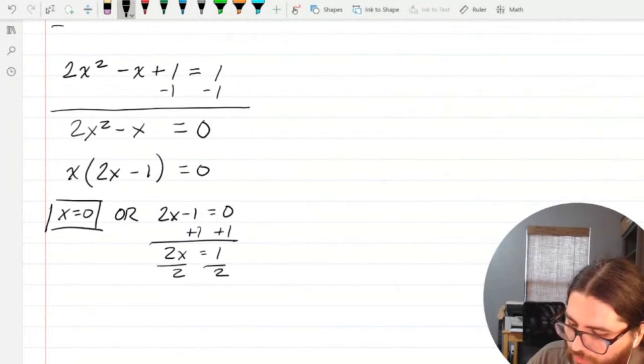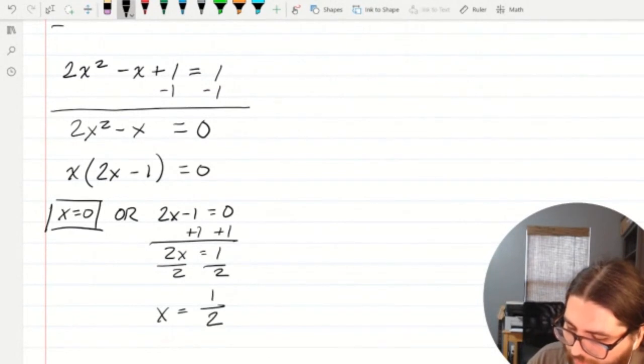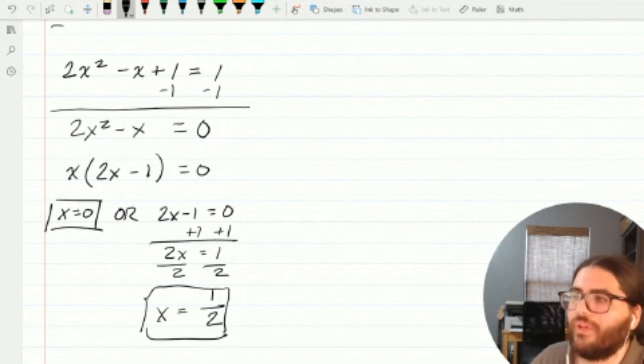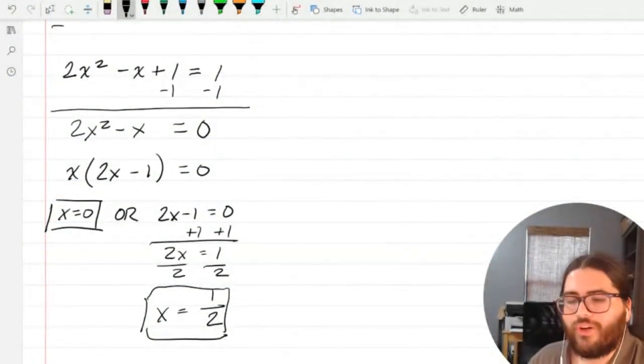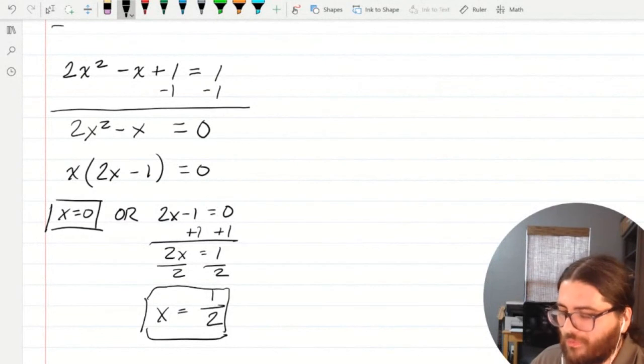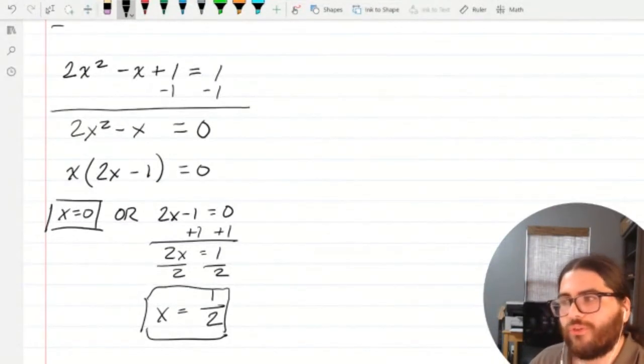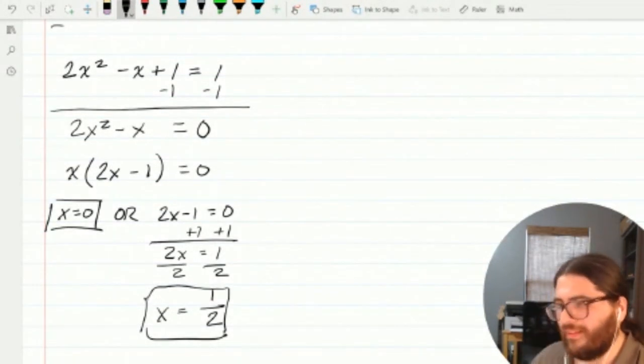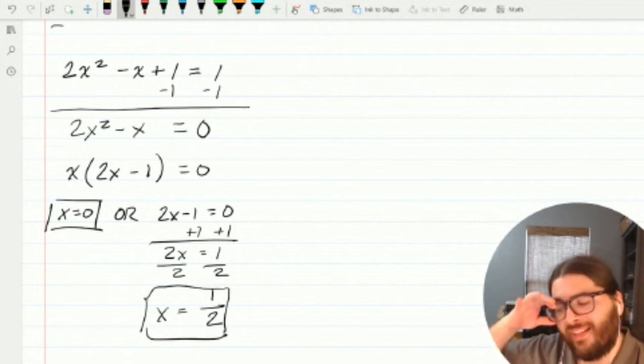Divide by 2. X equals 1/2. Oh yeah, there could be fraction solutions sometimes, and that's okay. We'll have to make our peace with fraction solutions. 2 solutions. For quadratic equations, I always expect 2 solutions, just that sometimes they're the same number repeated twice. Pretty neat, huh? I like it.